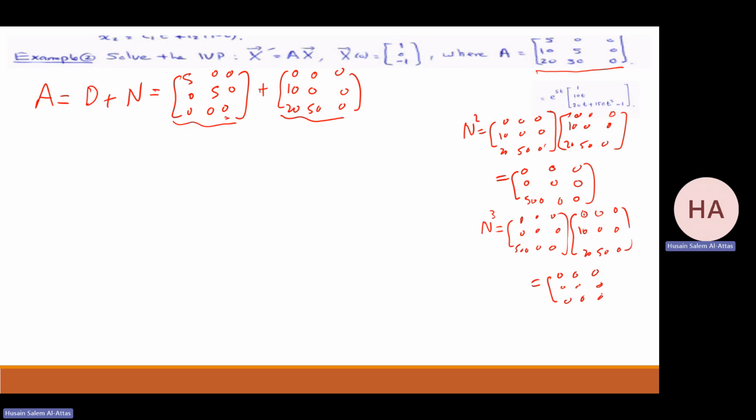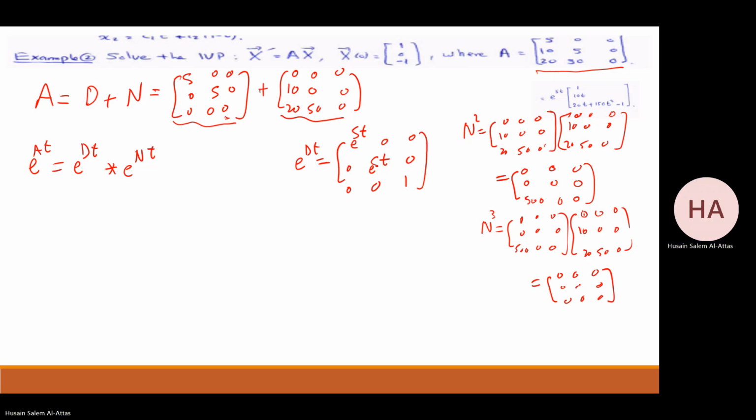So e to the power At will be e to the power Dt times e to the power Nt. Now let me find e to the power Dt. It's just diagonal: e to the power 5t, 0, 0, 0, e to the power 5t, 0, 0, 0, e to the power 0, which is 1.